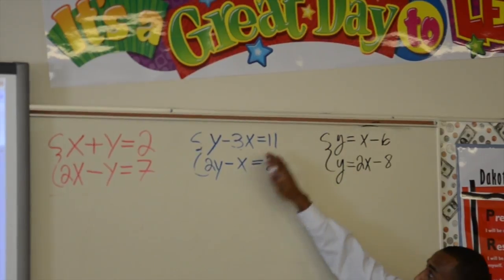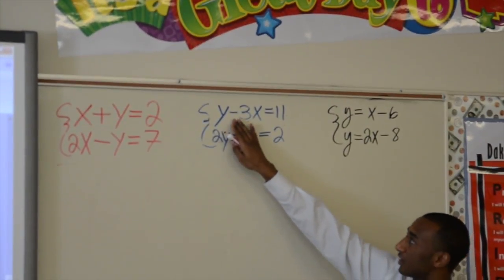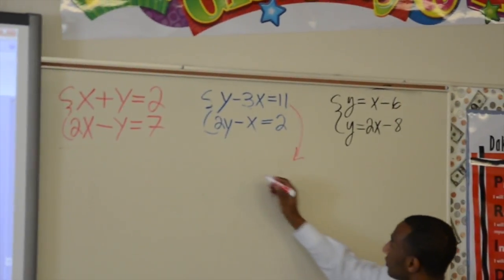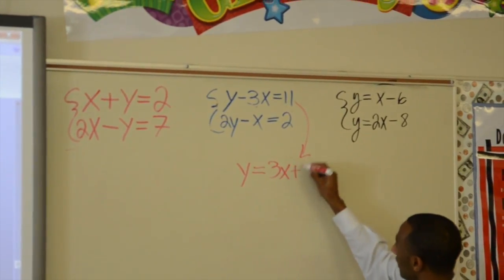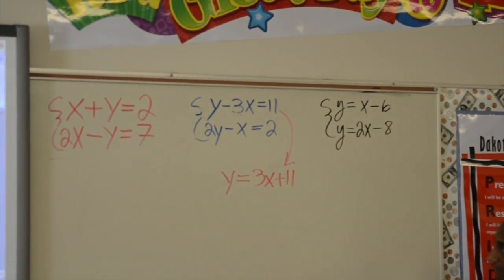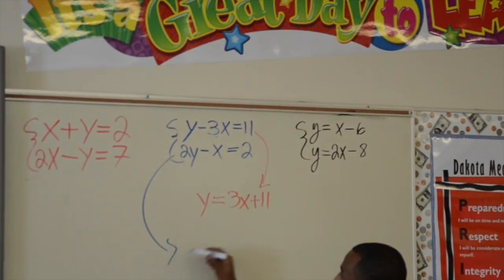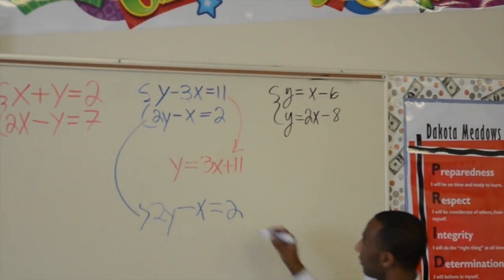So she said, the top one I could solve for y very easily, I could just add 3x over. So when she did that, she got y equal to 3x plus 11. Then I'll rewrite the other equation here again: 2y minus x is equal to 2.